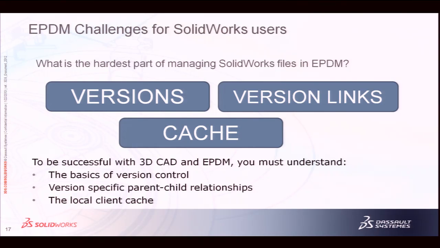So really the hardest part of managing the SolidWorks files are these three pieces. It's the versions, and we kind of brought that up a little bit. It's understanding the concepts of saving this history. Because if you've been working on a network drive with SolidWorks for years, to update your SolidWorks file on the network drive, you just hit save. You don't have to worry about anything else. Now, PDM comes into play, and the save is not quite good enough.